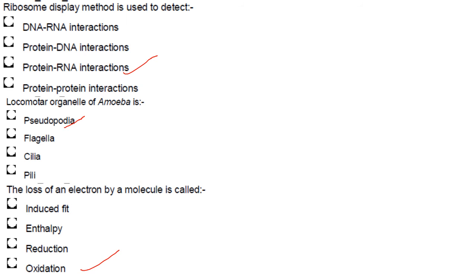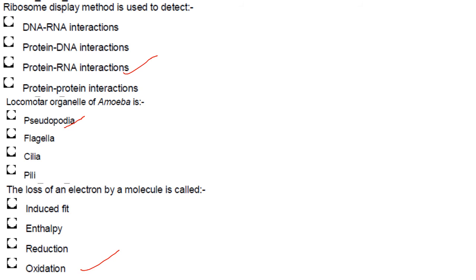Then ribosome display method is used to detect. So ribosome display is a technique used to perform in vitro protein evolution to create proteins that can bind to a desired ligand. The process results in translated proteins that are associated with their mRNA progenitor, which is used as a complex to bind to an immobilized ligand in a selection step.